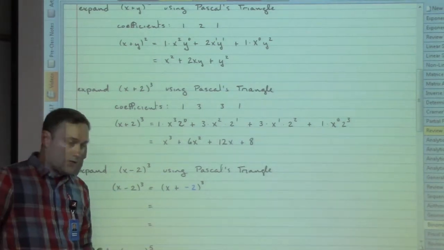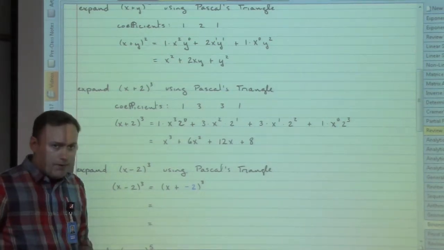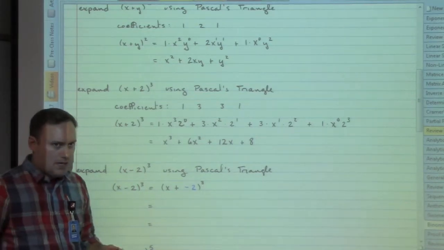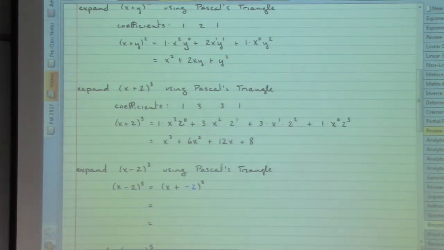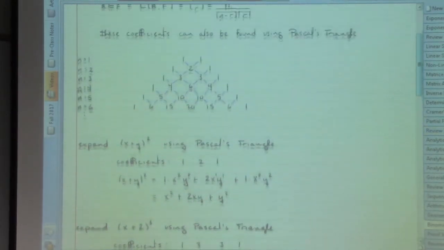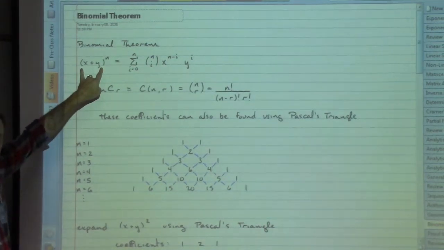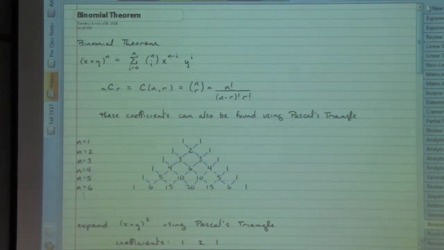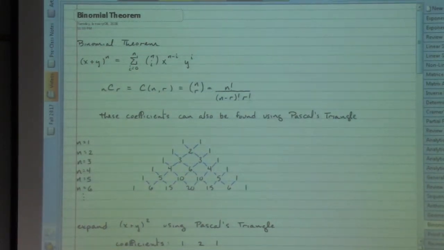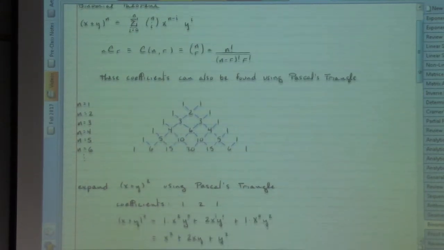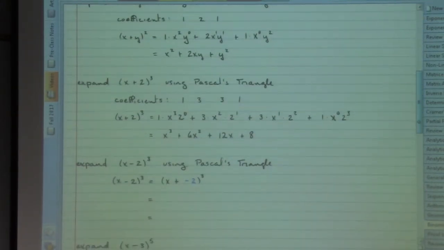Now here's how that's going to work. Our binomial theorem still, at the very beginning again, had referred to something plus something. So let's just real quick backtrack and look at that. Our original binomial theorem was referring to a binomial that had a plus in the middle. So anytime that we want to use that, we're going to have to sometimes rewrite our binomial.